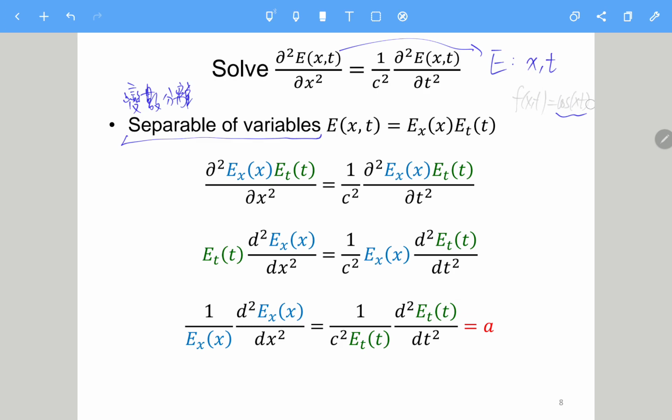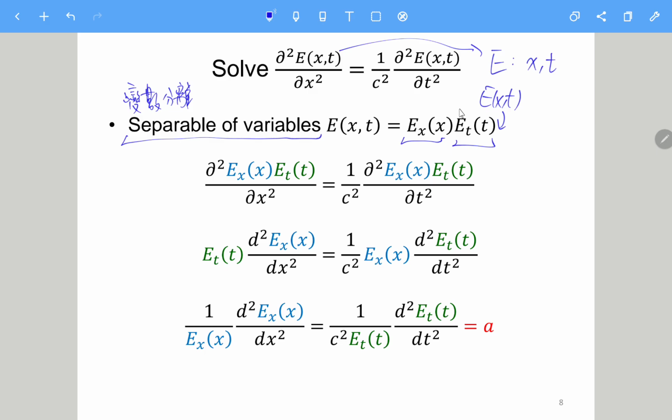Here we will try to assume that E of x, t can be separated into a function of x multiplied by a function of time. If this is true, then this method might work. But before you try to solve the partial differential equation, you don't know whether the solution will have this form, with the function of x and the function of time being independent.